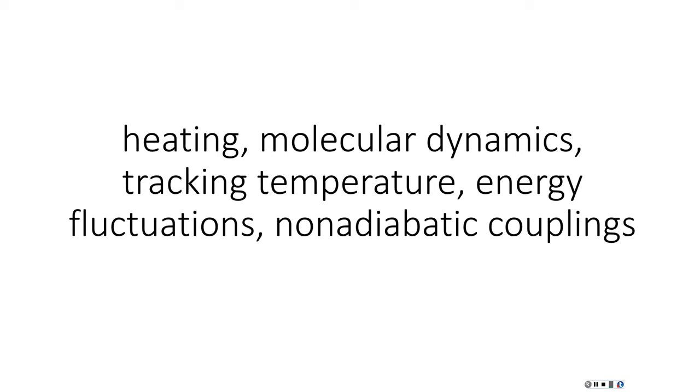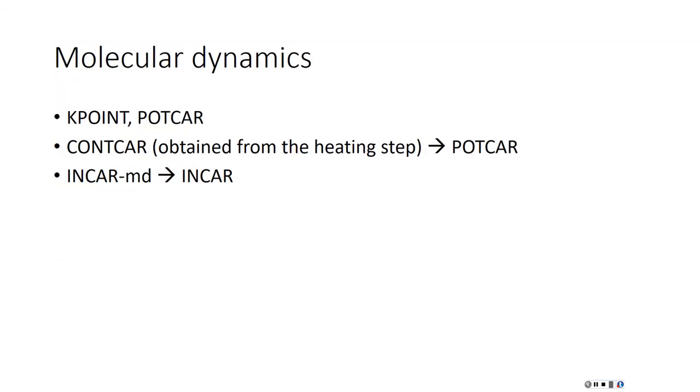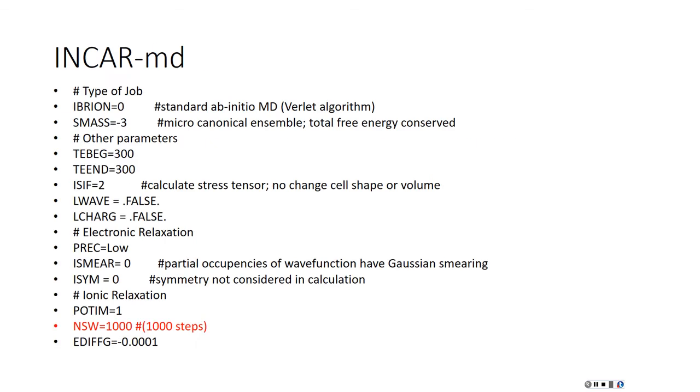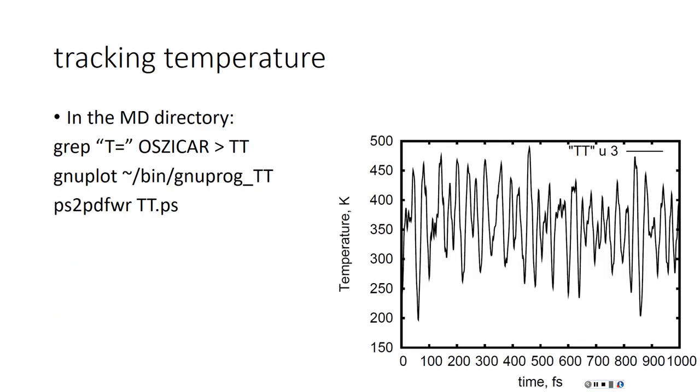Yeah, just like Dr. Kinney said, this is one step before we run the MATLAB code for electron dynamics. Aaron has already talked about this part. This is just an example of tracking the temperature during the molecular dynamics.